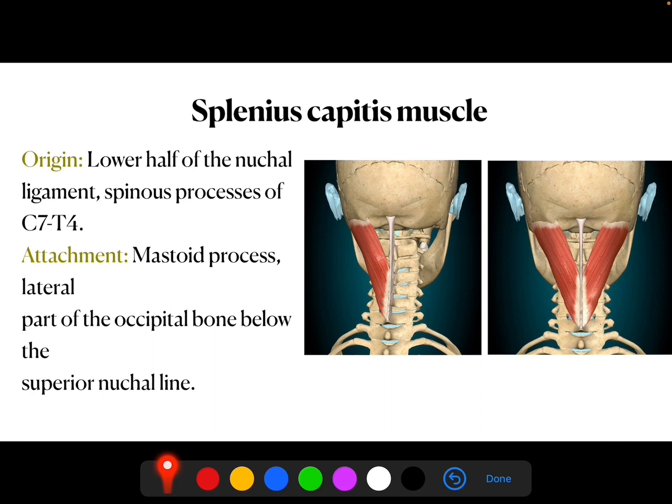Let's move on to the first muscle of the deep layer of the back. It originates at the lower half of the nuchal ligament and spinous processes of C7 to T4. It attaches at the mastoid process and lateral part of the occipital bone below the superior nuchal line.